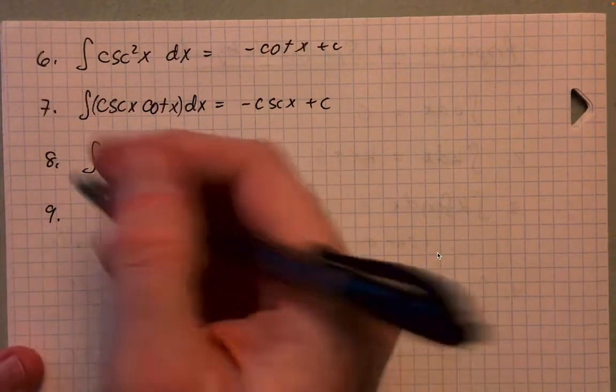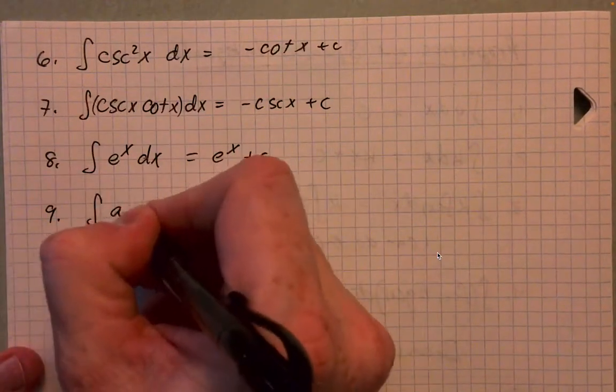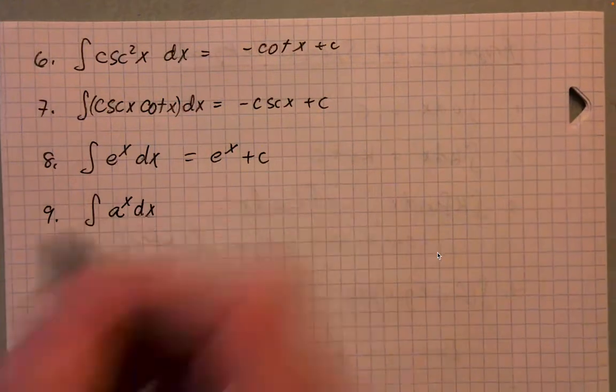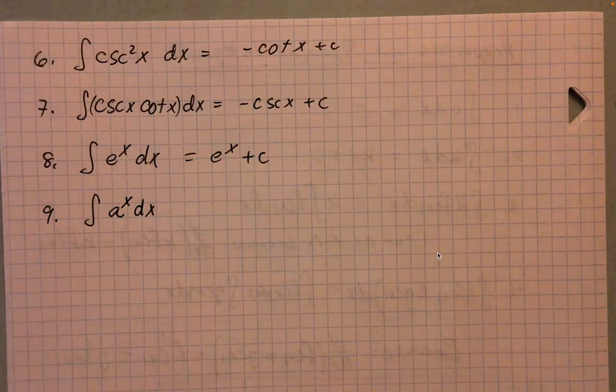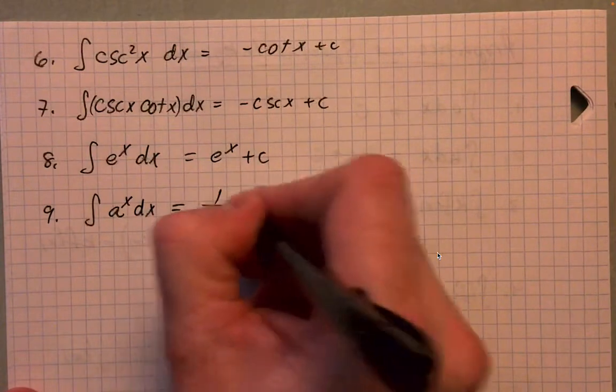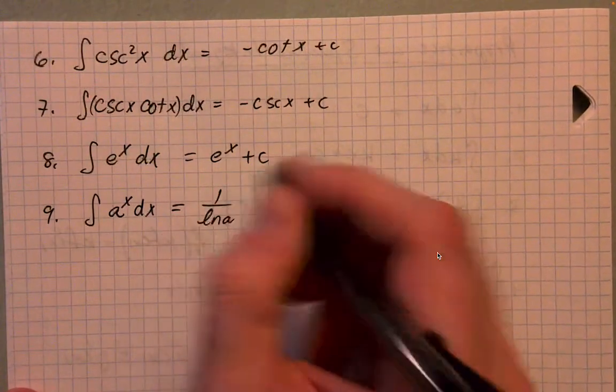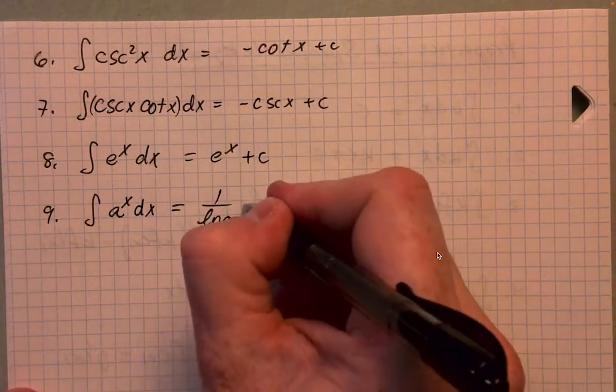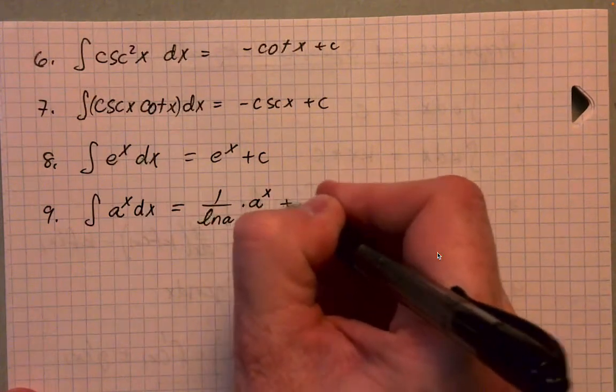Another one, the integral of a to the x dx, where a is any positive real number, is equal to 1 over the natural log of a times a to the x plus a constant.